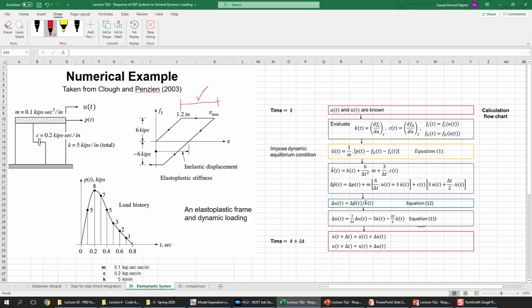This displacement should be subtracted from the total displacement, and then whatever we get should be multiplied with the K value, which is 5 kips per inch, and that's how we get the Fs value for all those time steps in which the displacement is going in the opposite direction.